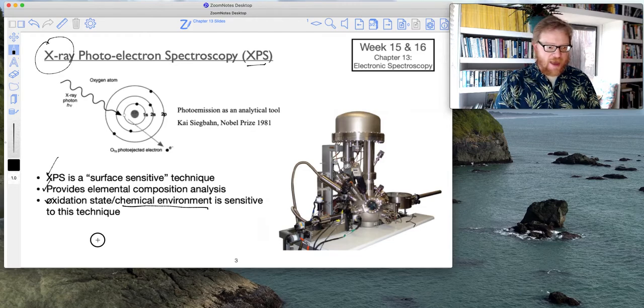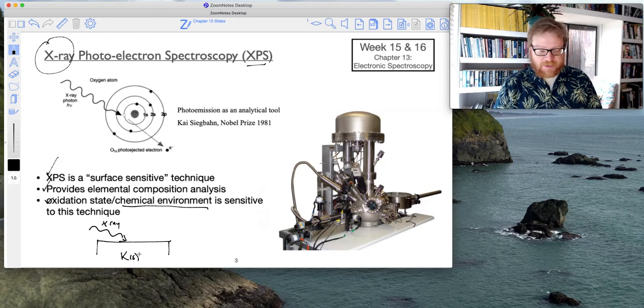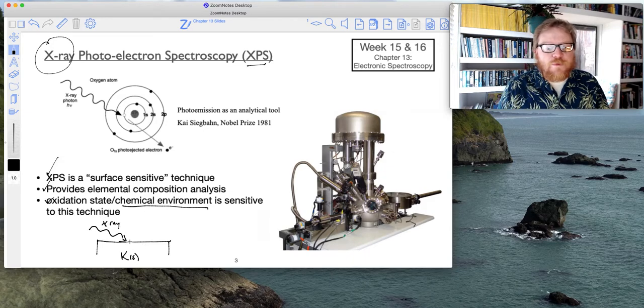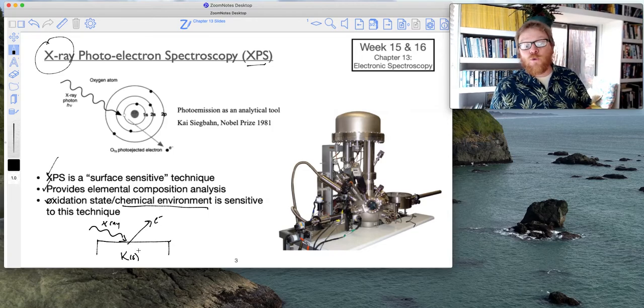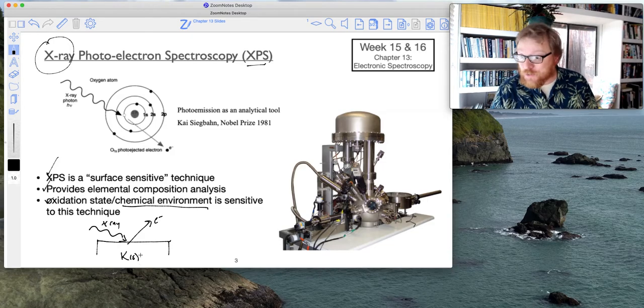And so what I mean by that is if here is my analyte in question, okay, and let's just go back to that potassium metal example, right? Let's suppose this is K solid, all right? When this incident radiation comes in, specifically this X-ray, okay, photoelectrons are ejected. However, the only photoelectrons that make it to the detector are those originating from the surface.